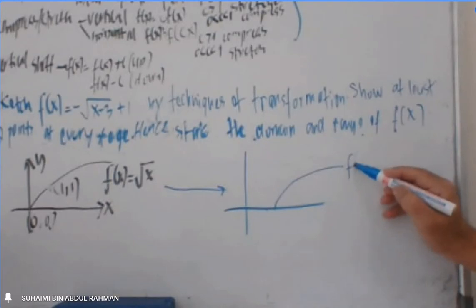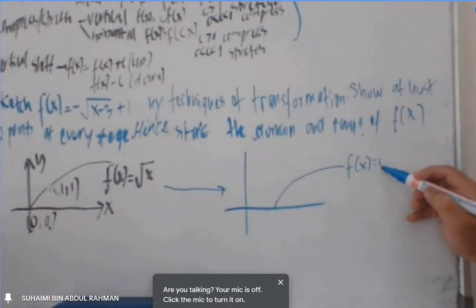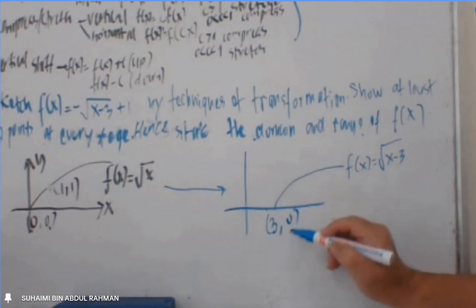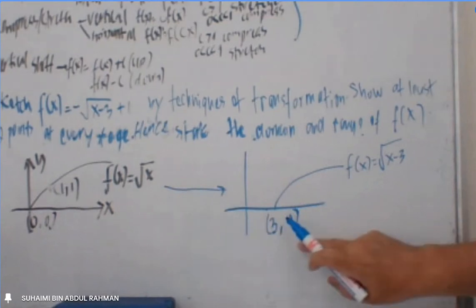So this is the function of square root of x minus 3, and the point 0, 0 will go to the point 3, 0. I see the movement here.